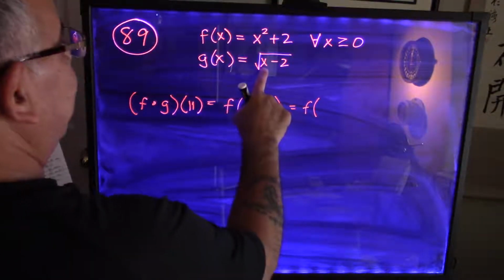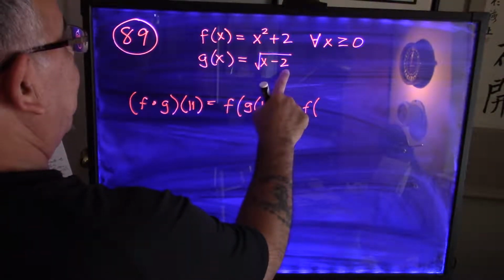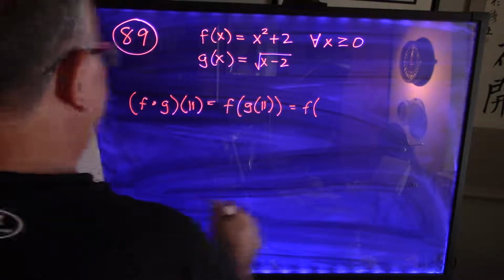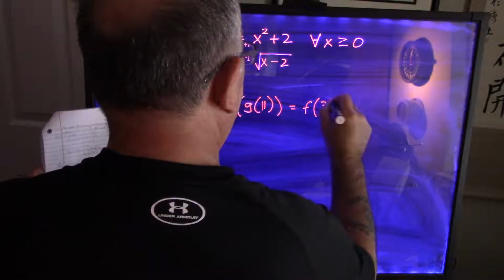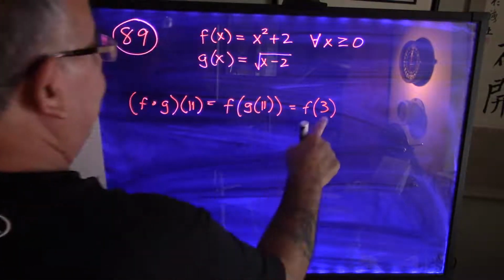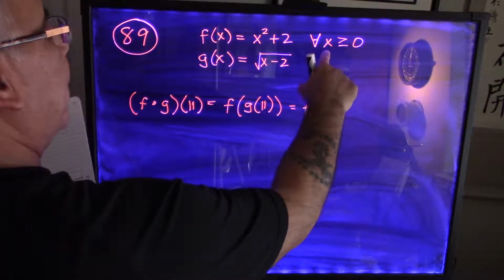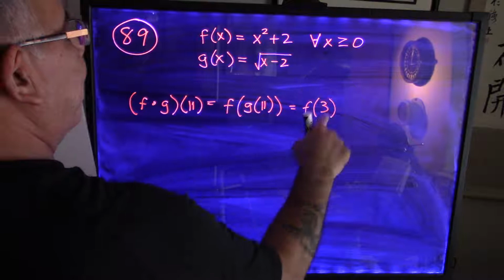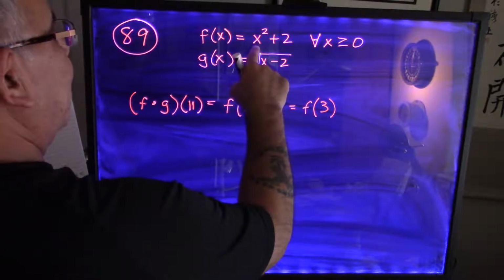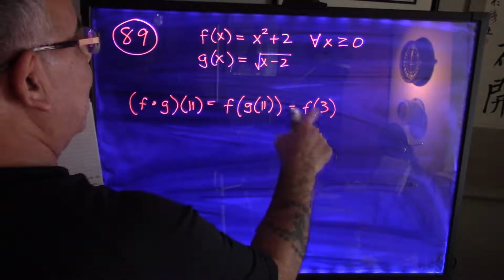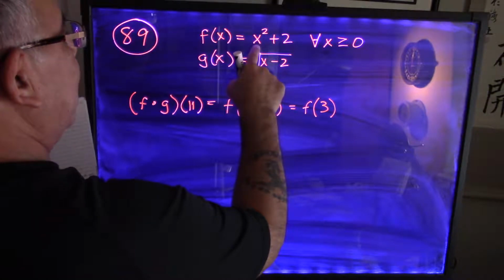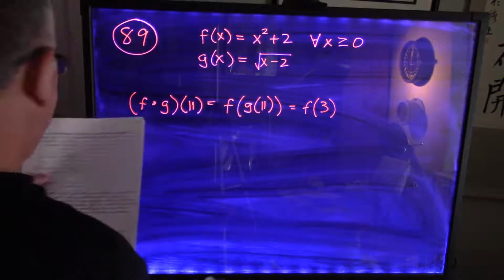Plug in 11 here. 11 minus 2 is 9, square root of 9 is 3, so we got F of 3. Now, is F of 3 defined? Look at this condition. Is 3 greater than or equal to 0? Yeah, sure. So you can use this formula, it's defined. So what's F of 3? That's 3 squared is 9 plus 2 is 11.